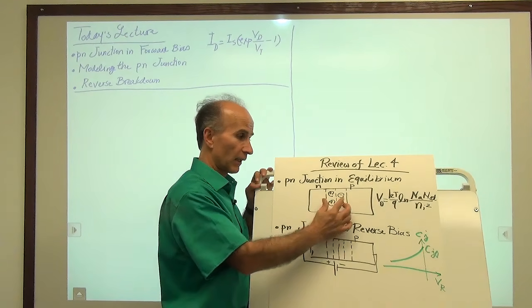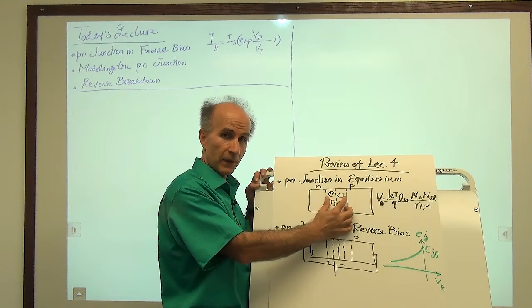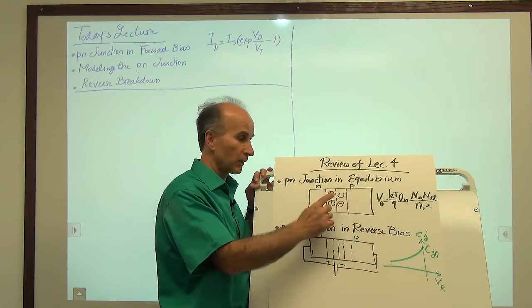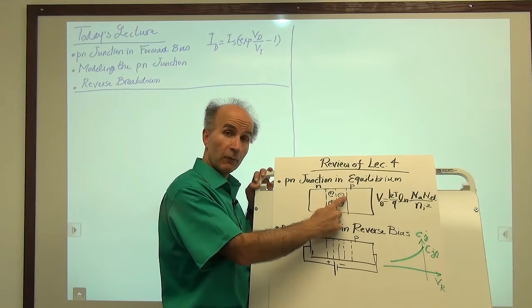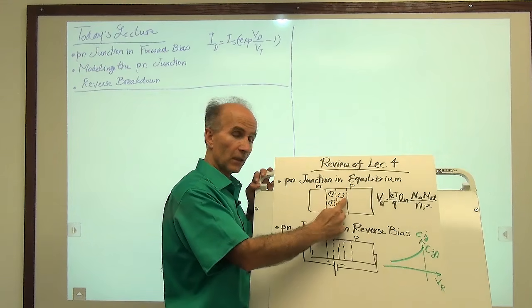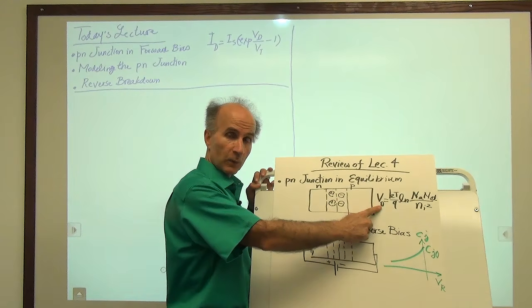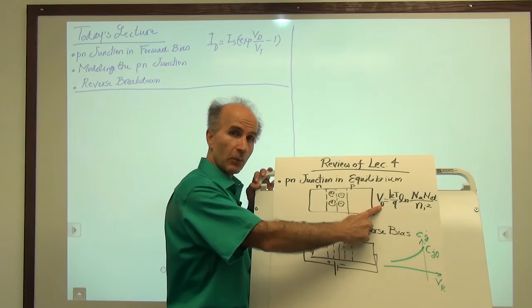But an electric field is developed inside the depletion region and eventually stops these currents. Because there is an electric field in this region, a potential difference, a voltage, is also developed from here to here. That voltage difference is given by this equation. This is what we call the built-in potential.